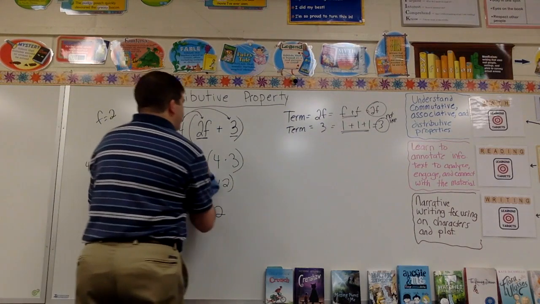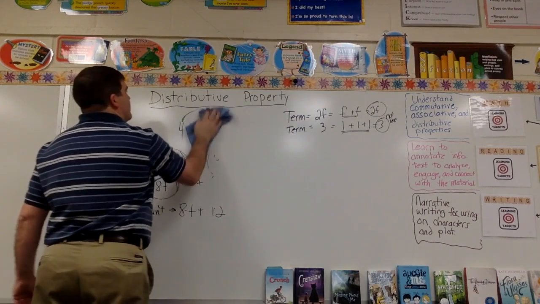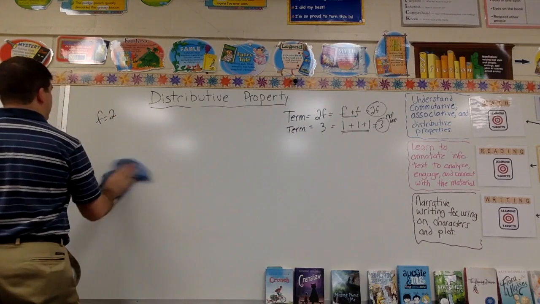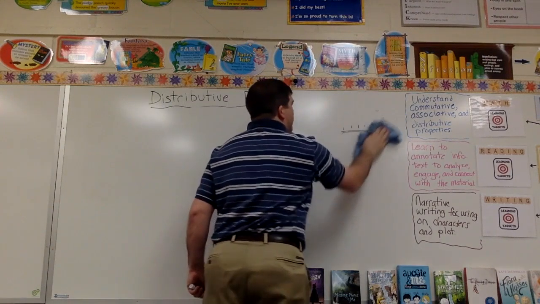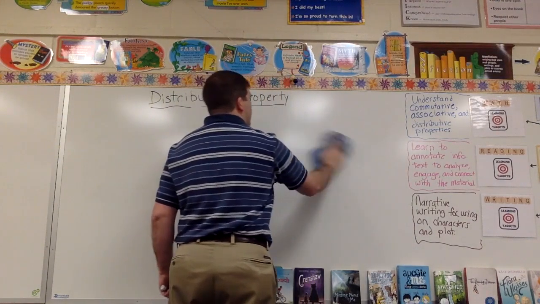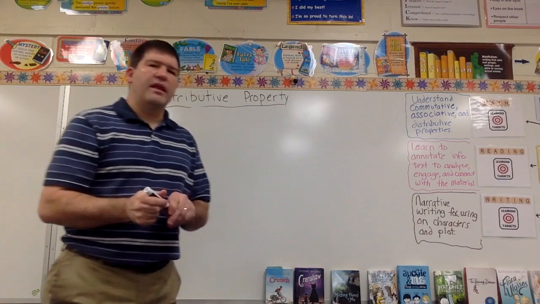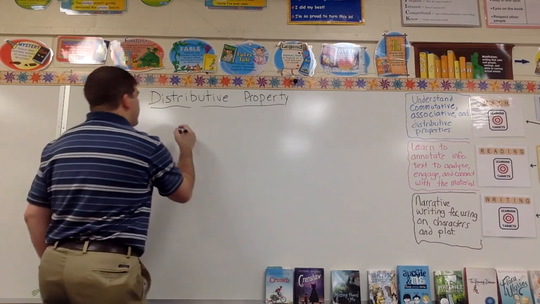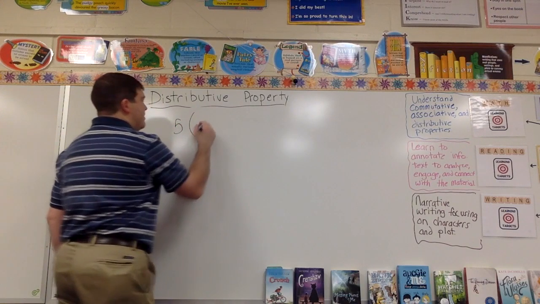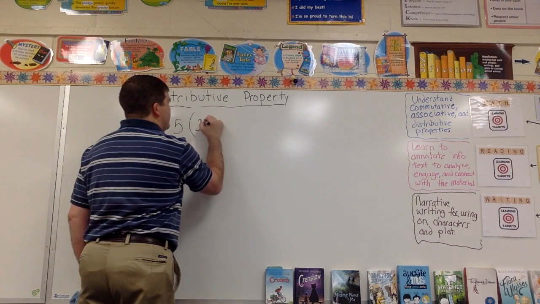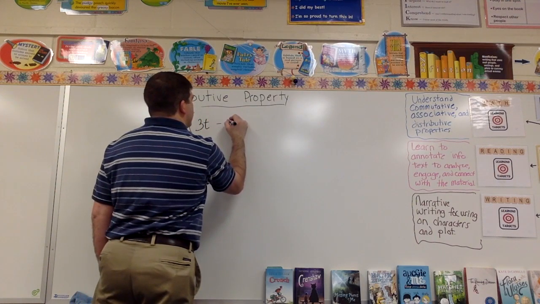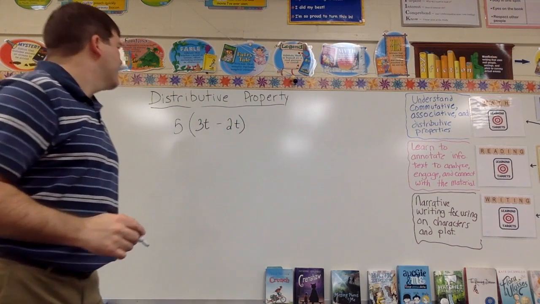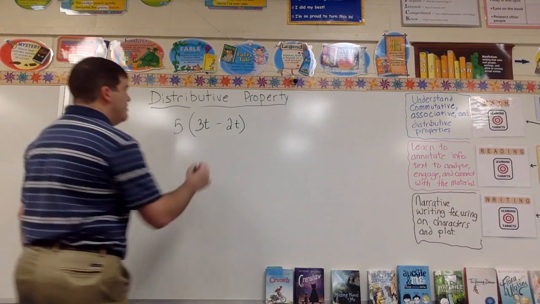Let's do another one here. Let's do one with like terms, and then I'll do one without like terms. So like if I have 5 times 3t minus 2t, okay? And I could do this order of operations.